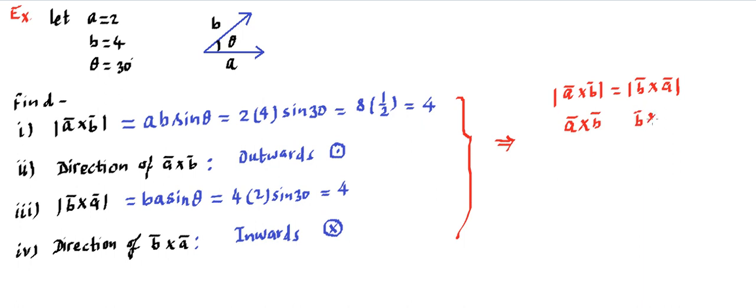Since directions are not equal, these two vectors cannot be equal. So we can say A cross B is not equal to B cross A. That means the cross product of A and B is not commutative in nature. That means we cannot change the positions.